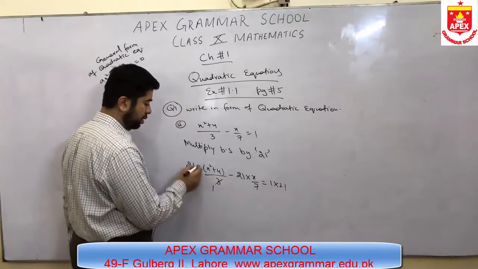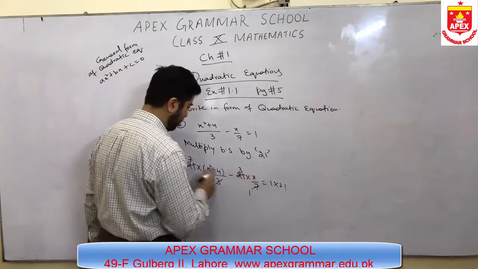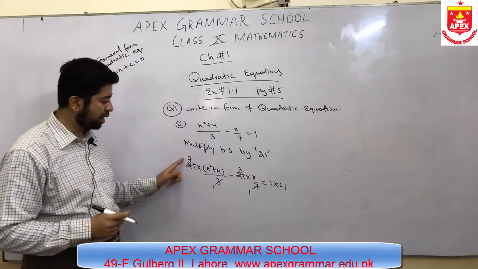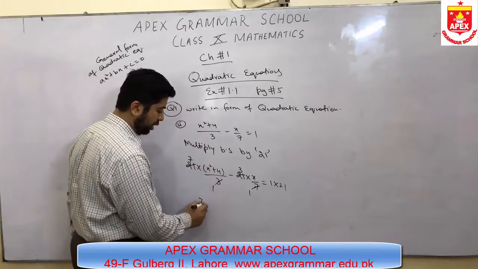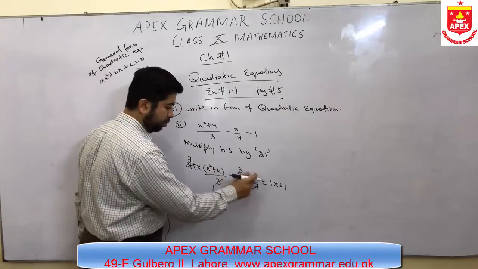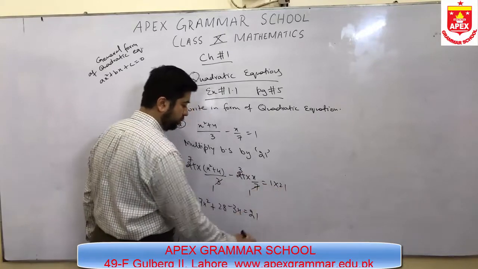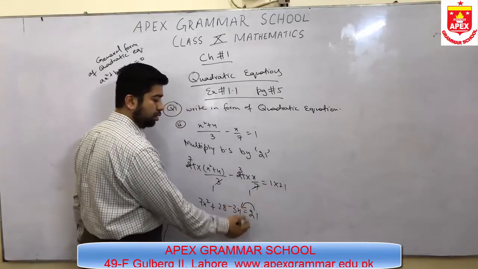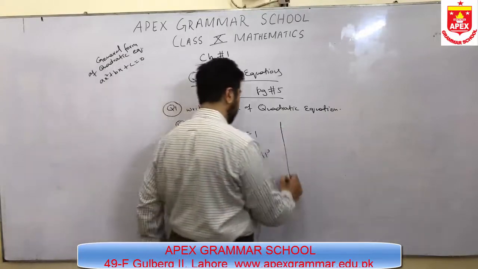3 1s are 3, 3 7s are 21, 7 1s are 7, 7 3s are 21, and the rest is just multiply 7 inside the x square plus 4. So just 7x square plus 7 4s are 28. After that minus 3x. After that 21, just move it to the left side and it becomes minus 21.